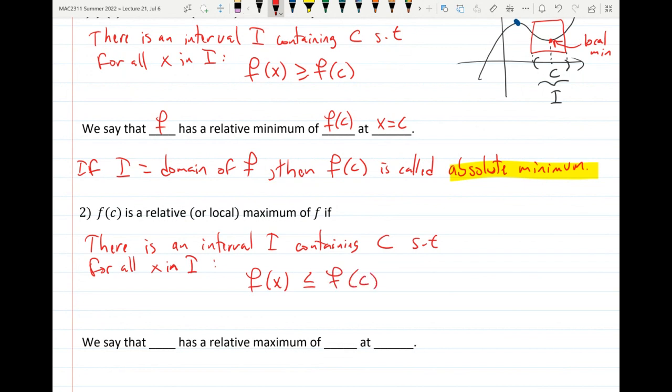In other words, inside this interval, f of c is the highest value that you can get. Okay, this is a way of saying that this is a relative maximum. Relative because it's on an interval. Maybe on the entire domain this is not true, but on a piece of it, it is true.